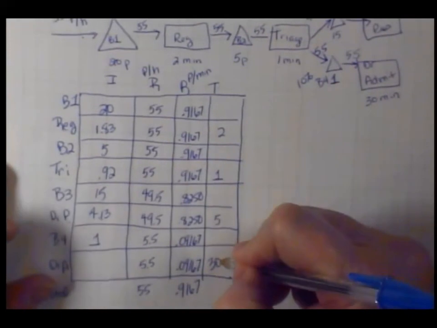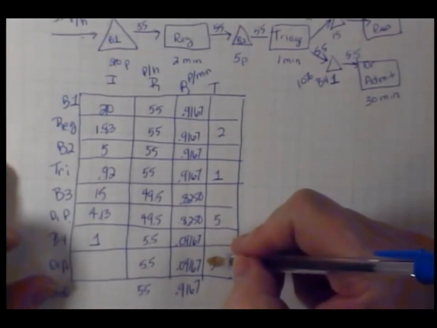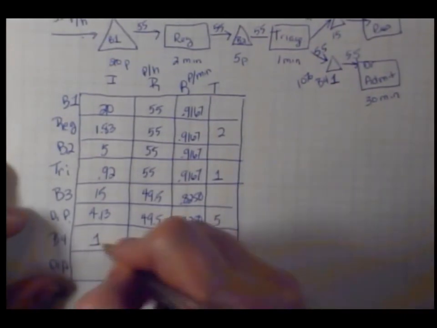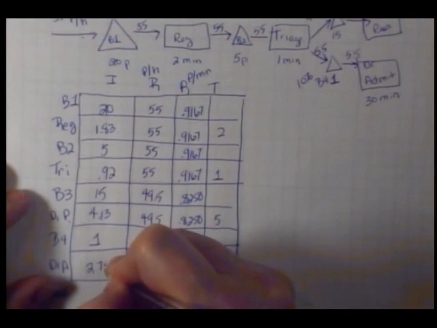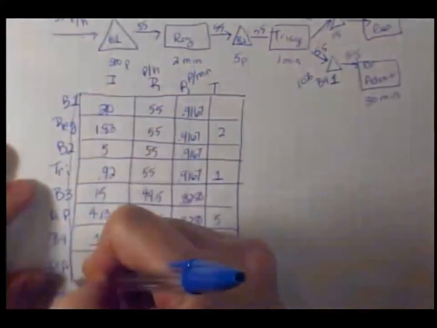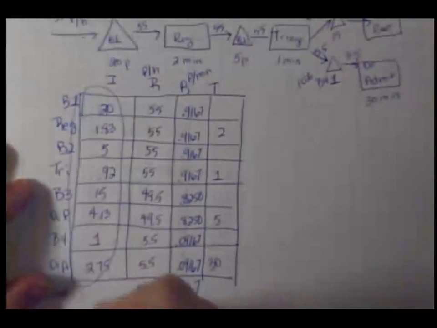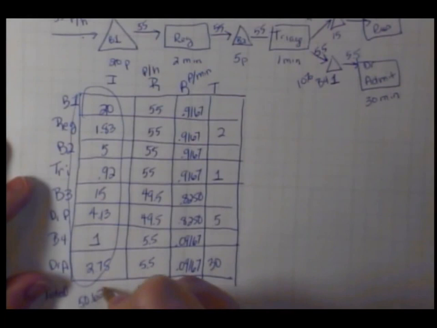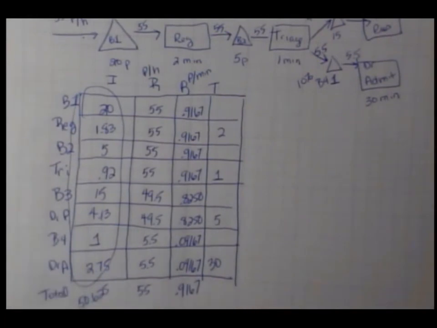And 30 times 0.09167 is 2.75. Okay, and again, I can sum up my inventory to get my average inventory in the entire system, and that should be something like 50.625.